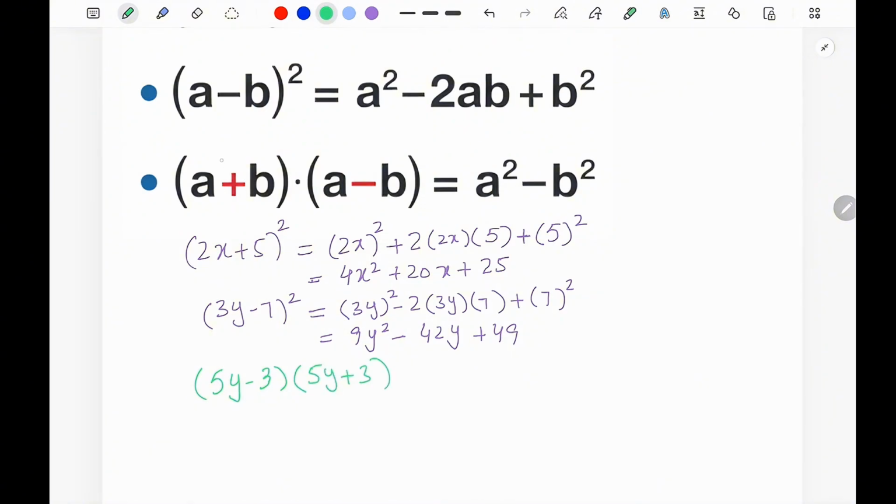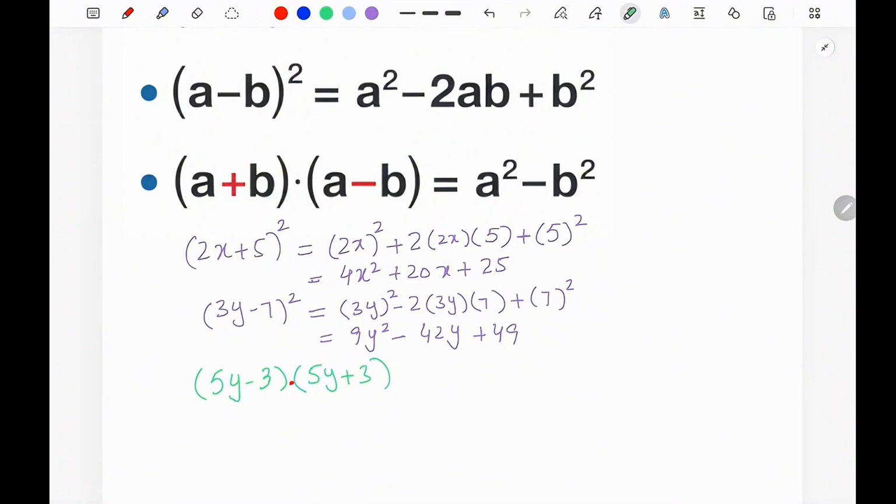Here you can see the product of the sum of two terms and the difference of two terms is given. The first and second term in both parentheses are the same. It is 5y, it is 5y. It is 3, it is 3. What is the difference? One contains minus and the other contains plus.